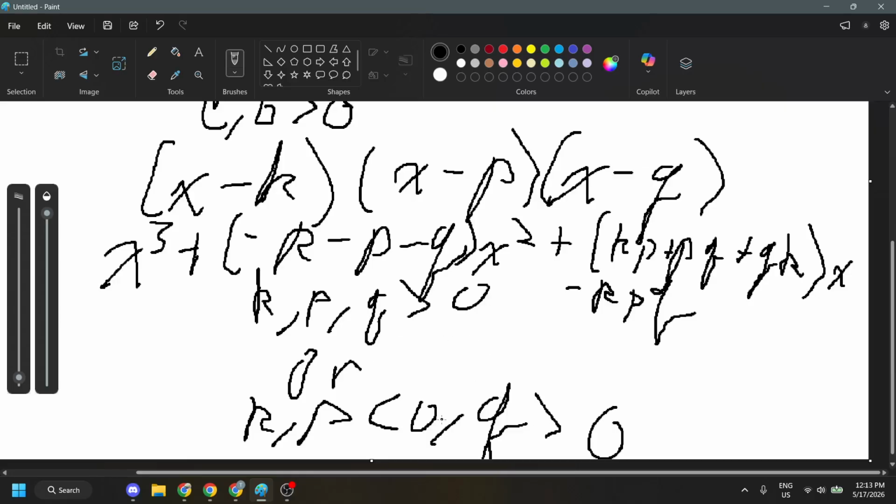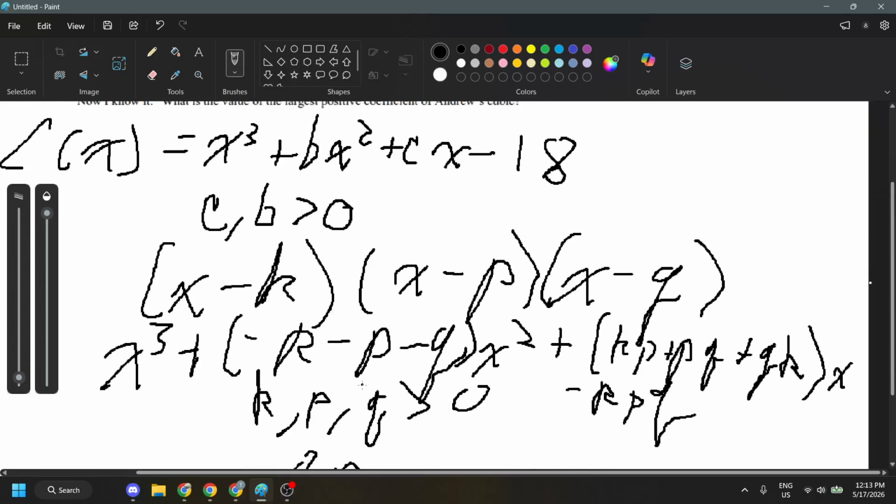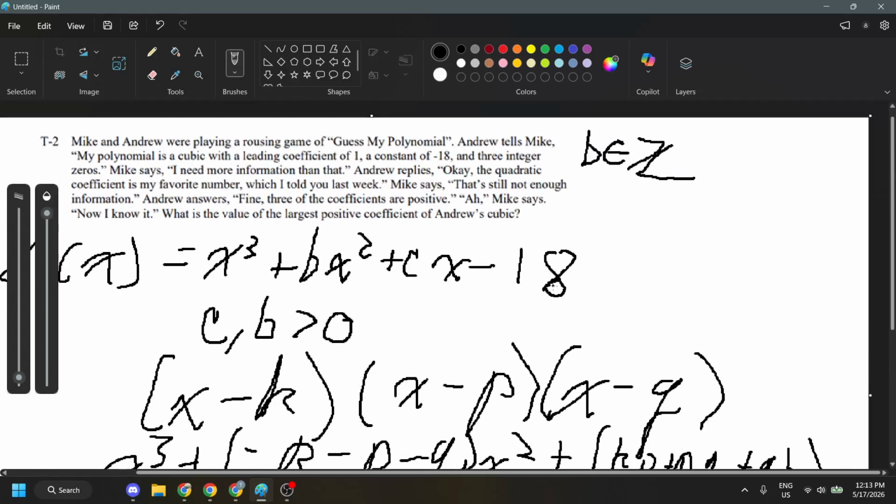So either they're all positive or two of them are negative and one is positive. So kpq is equal to 18, and they all have integer zeros. Okay, 3 integer zeros. So what are 3 things that multiply to 18?